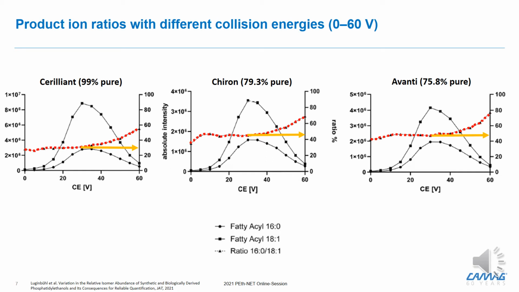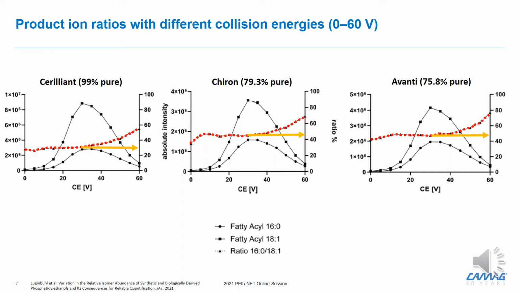Measuring the product ion ratios with different collision energies from 0 to 60 volts in our Shimadzu 8050 mass spectrometer showed that we can distinguish regioisomerically pure reference material from impure reference material based on this product ion ratio.